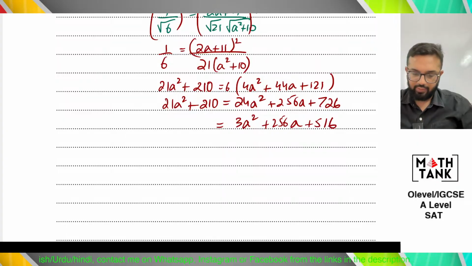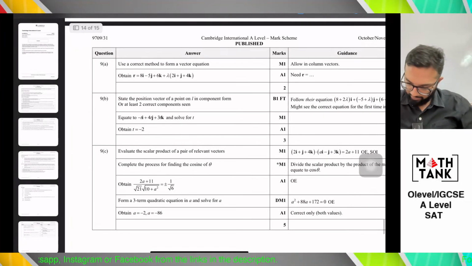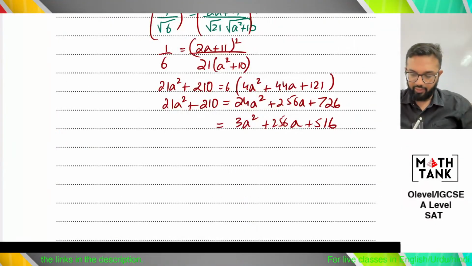Let me check if that is the correct equation. I have a feeling I may have made an error. 88 and 172. No, I think I made an error somewhere. This is wrong.